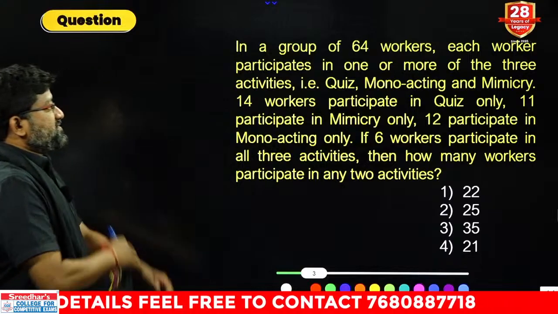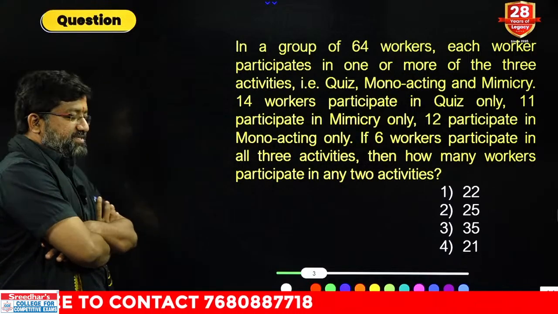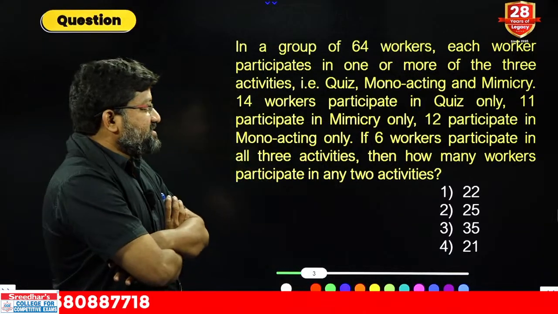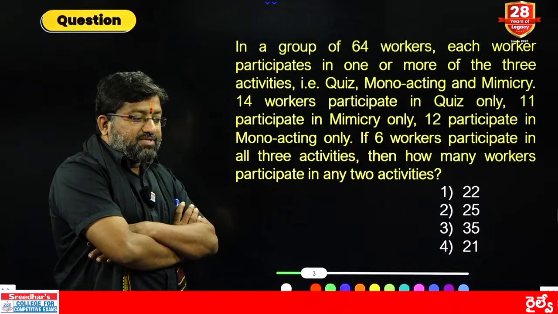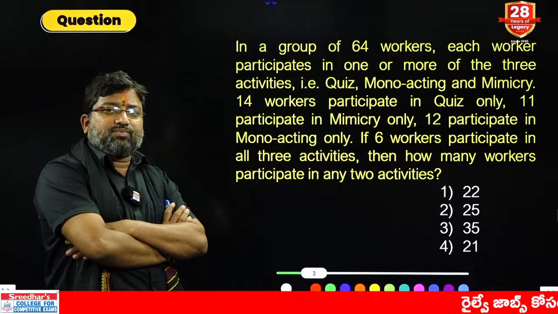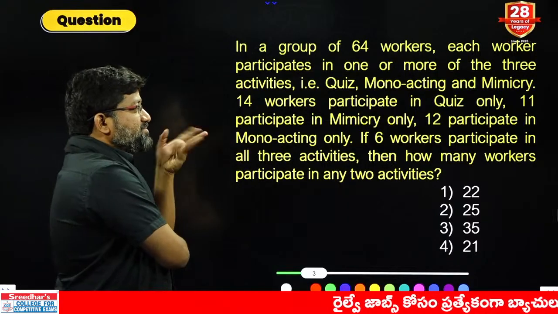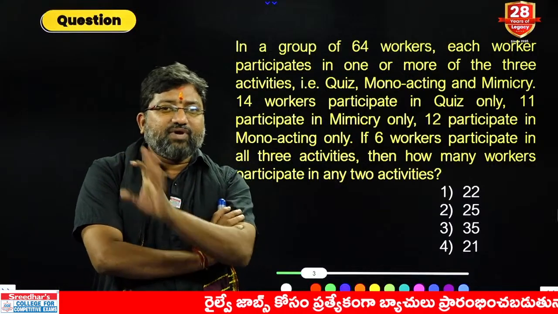In a group of 64 workers, each worker participates in one or more of the 3 activities. 64 workers total, and each worker participates in one or more of the 3 activities. So there is no one among the group of 64 people who is not participating in any of the 3. So from this it is very clear, this is a question on Venn diagrams.